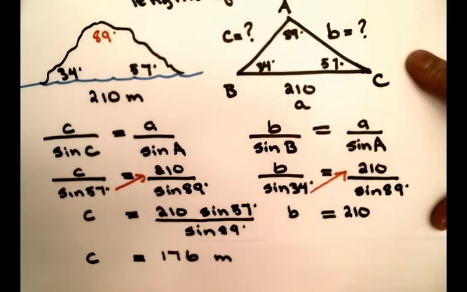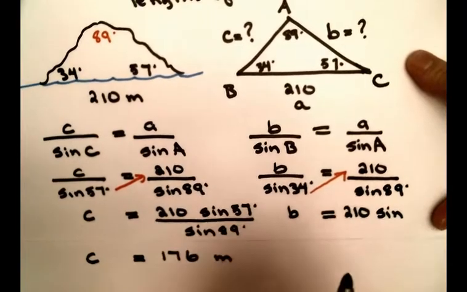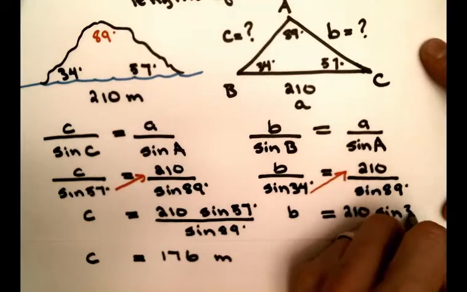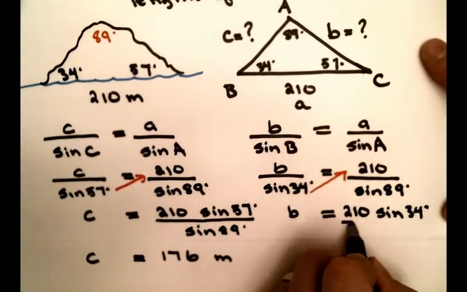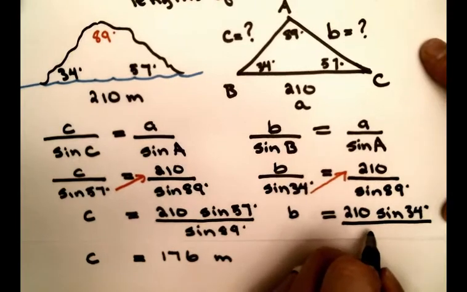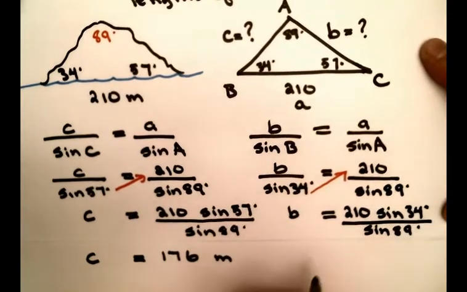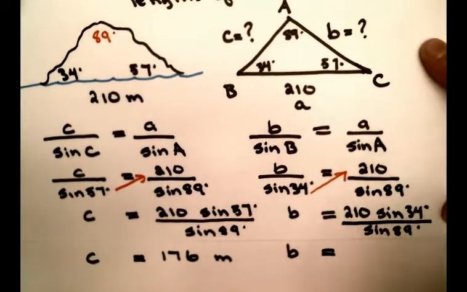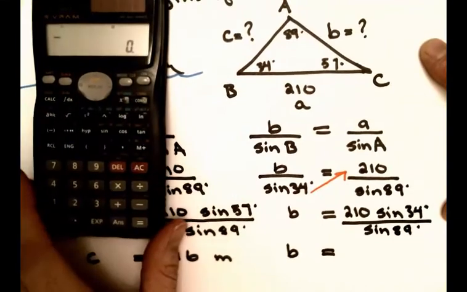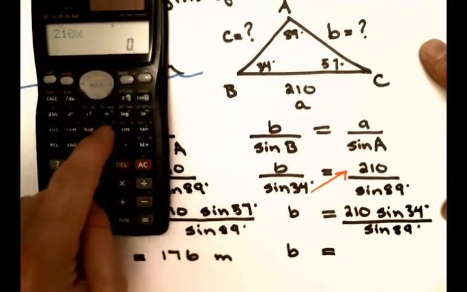Same idea, write the number first, then multiply it by the sine of 34 degrees and divide that by sine 89. Okay, and grab your calculator and do the calculation. So 210 times sine 34.